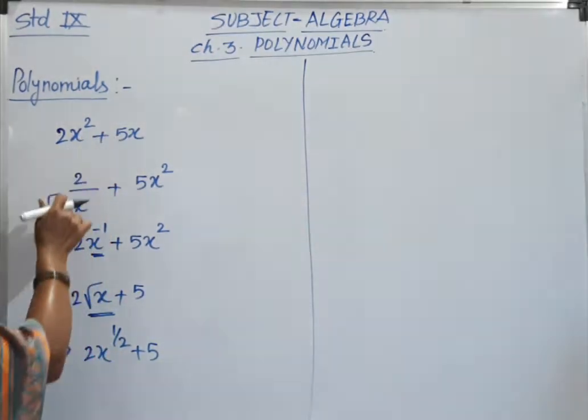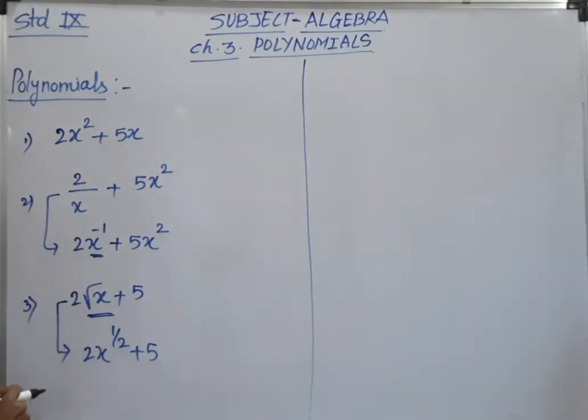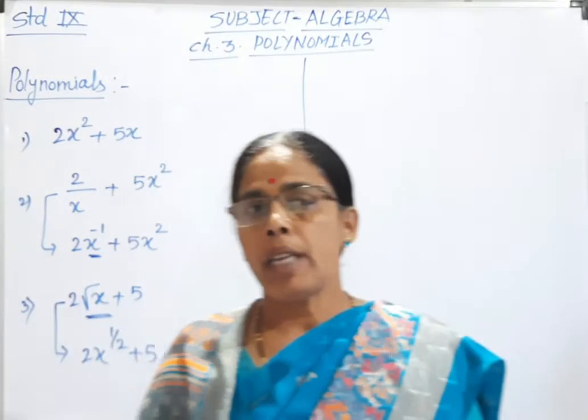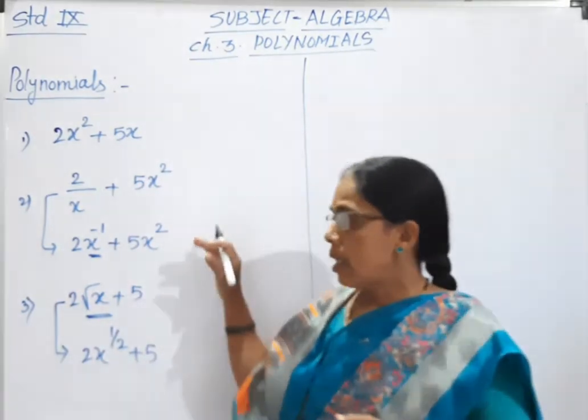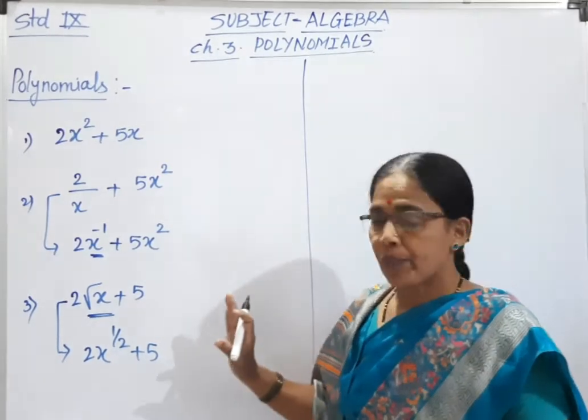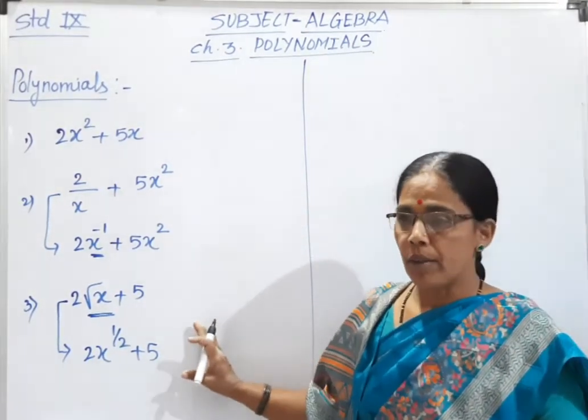From these three examples we should understand that when the degree is a whole number, then and only then it is a polynomial.